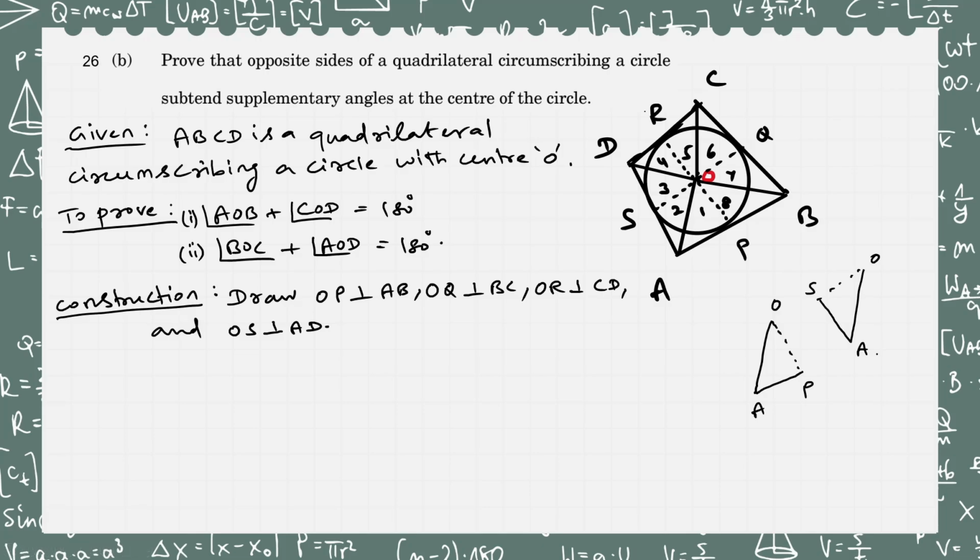Okay, now let us think about it. OP is a perpendicular we have drawn, so angle at P is 90. Same way OSA angle is also 90 degrees. That is known to us.